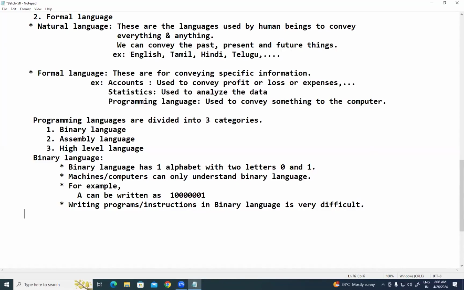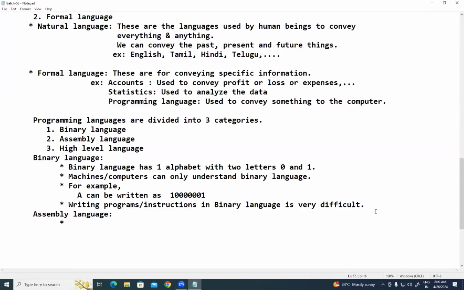So, folks, what's the second category of language we have? Assembly language.